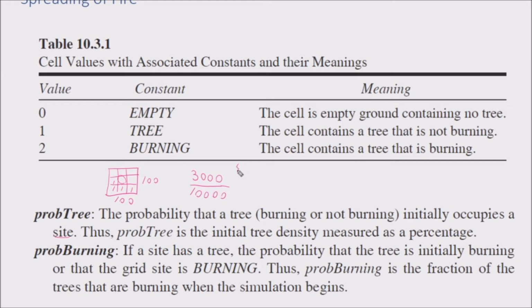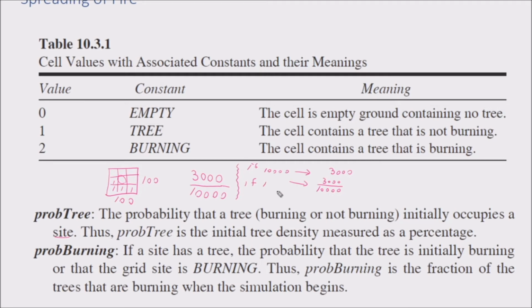Well, let me address it this way. If it is 10,000, you have 3,000 trees. If it is 1, you have 3,000 divided by 10,000 trees.